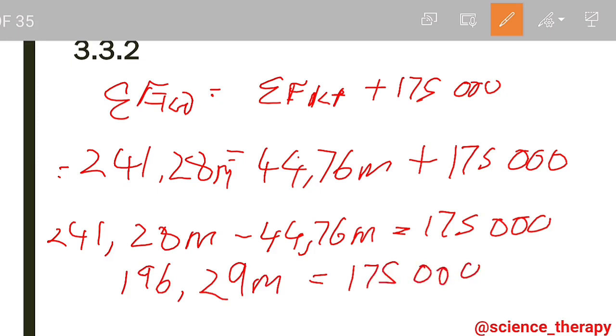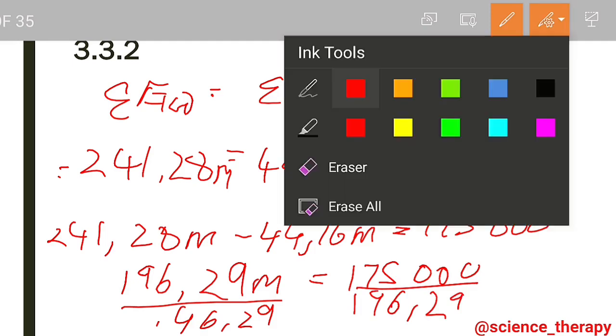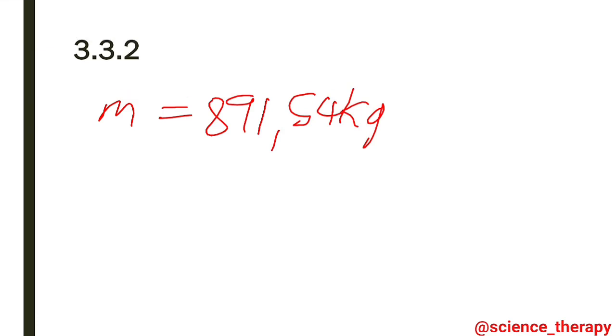At this point, what do you need to do? You divide both sides by 196.29. Then what is your solution here? Punch that in your calculator. We now have the mass is equal to 891.54 kg, right?